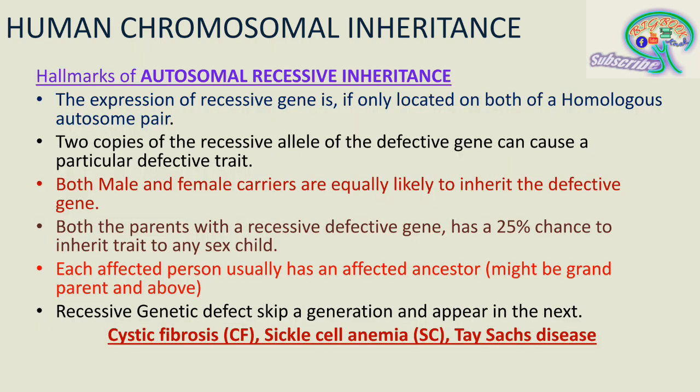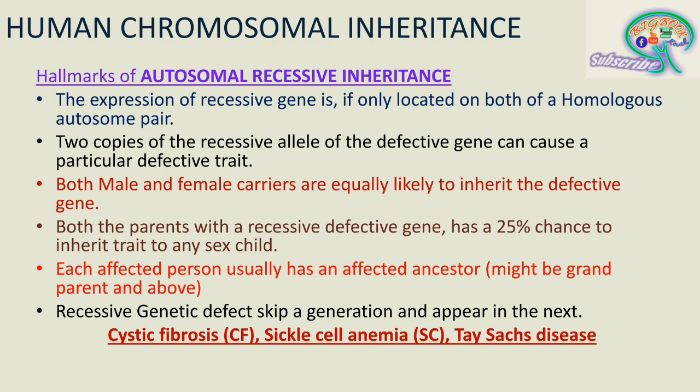So getting to the next slide, autosomal recessive inheritance. In this we are discussing the hallmarks. The expression of the recessive gene occurs only if it is located on both of a homologous autosome pair. Recessive means the other form of the gene compared to the dominant one, which is suppressive in nature.